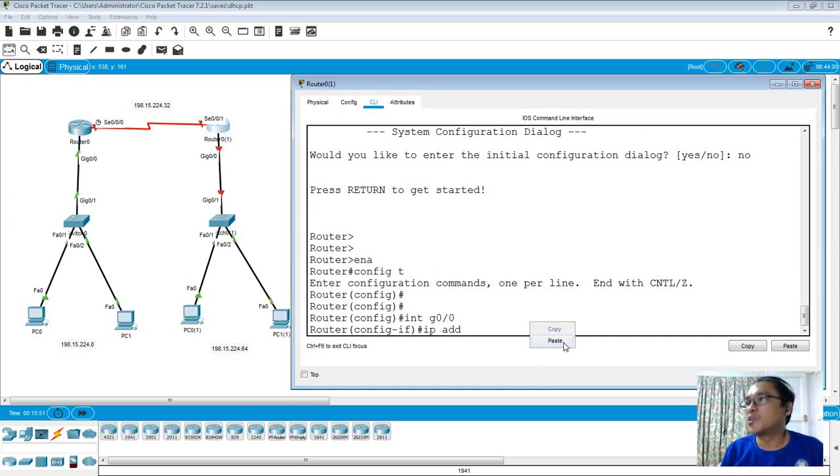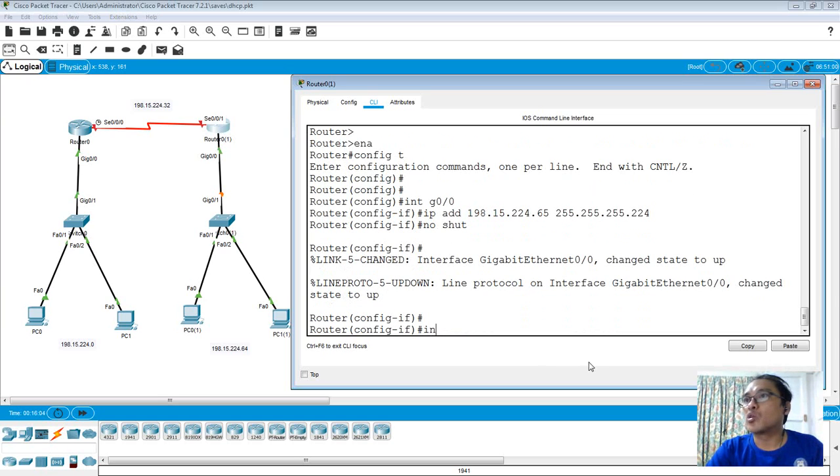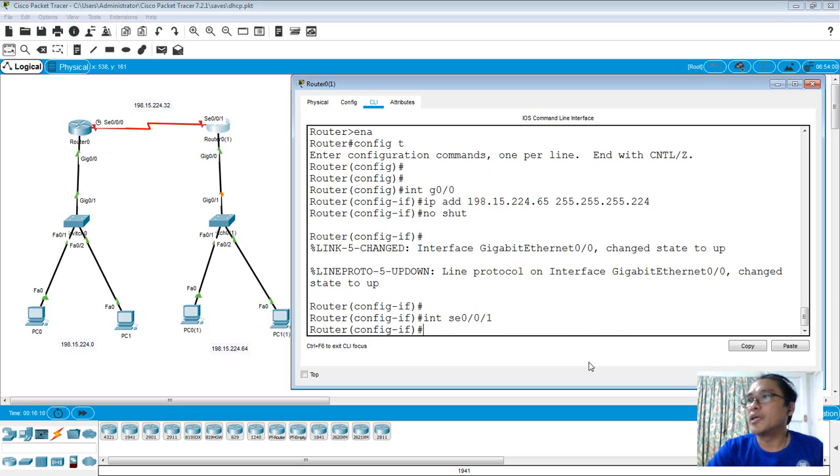Okay, so paste. Therefore 65 is the first address of network 64, then 255.255.255.224. Enter, no shut. Also int se0/0/1. Okay, ip add.